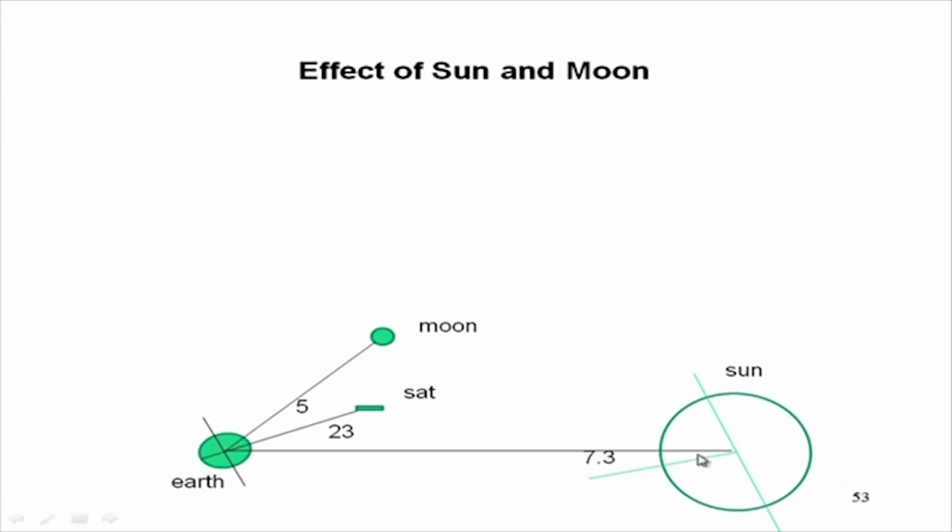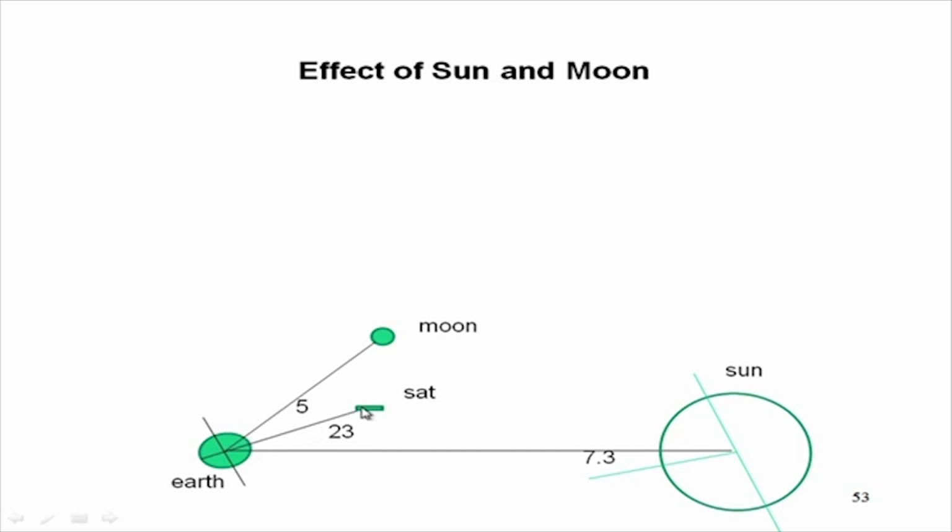Earth is orbiting around the Sun on a plane which is not the plane on which the Sun revolves, making some 7.3 degree angle. Similarly, the Earth's equatorial plane and the Earth's orbital plane around the Sun are roughly 23 degrees apart. A geostationary satellite is on the equatorial plane.